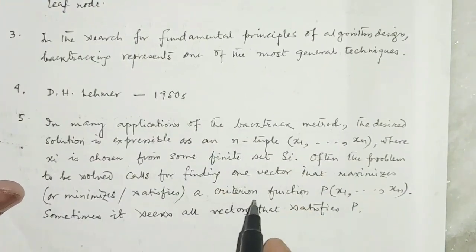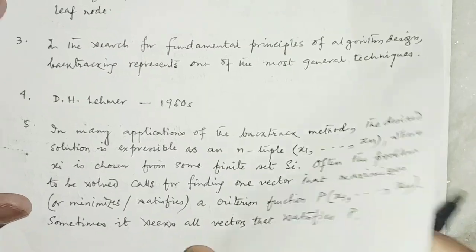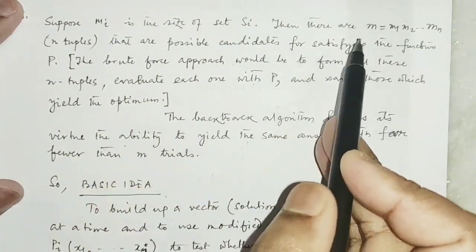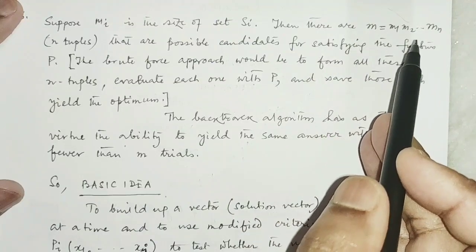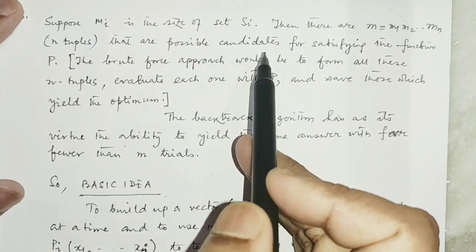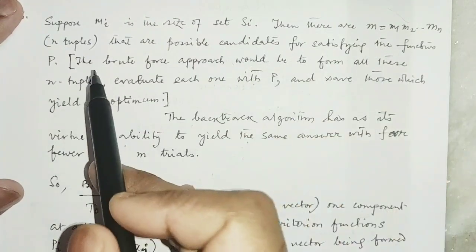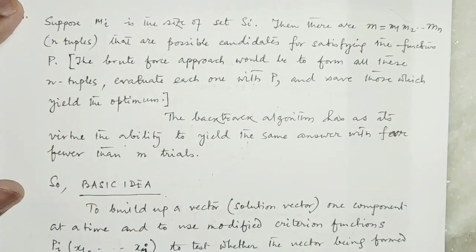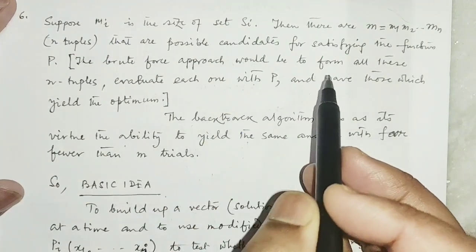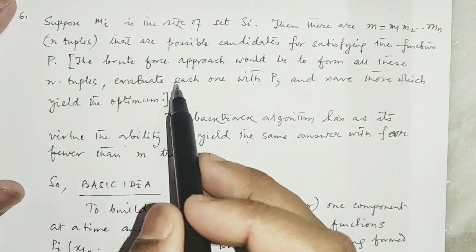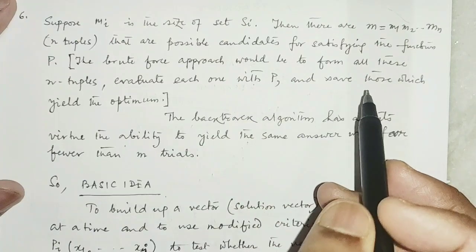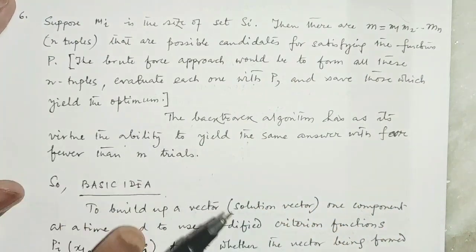There should be a criterion function P. What does the brute force approach suggest? The brute force approach would be to form all these n-tuples, evaluate each one with P, and save those which yield the optimum.